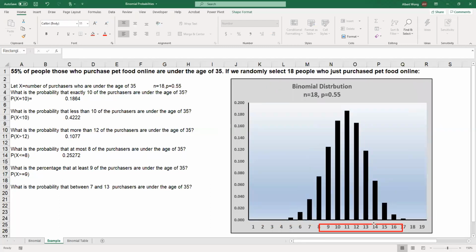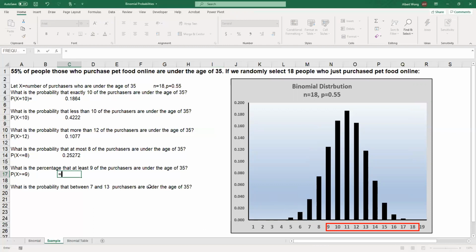9 is included all the way to 18, right? So how do we calculate that? We calculate it by the accumulated probability from 0 to 8, and then 1 minus, right? By looking at the number index and identifying what we're looking for is actually pretty easy.